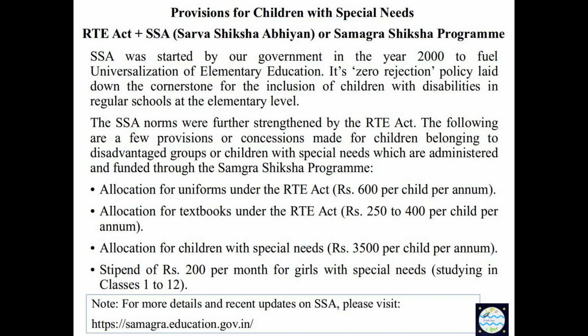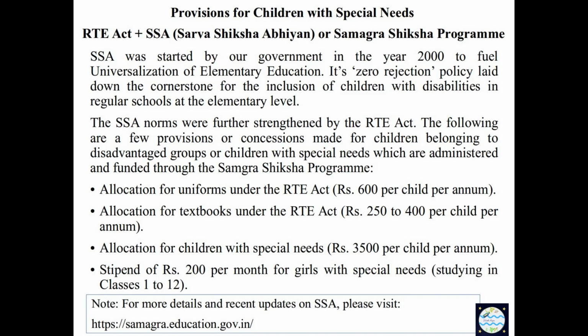The following are a few provisions or concessions made for children belonging to disadvantaged groups or children with special needs, which are administered and funded through the Samagra Shiksha Program. Allocation for obtaining uniforms under the RTE Act.